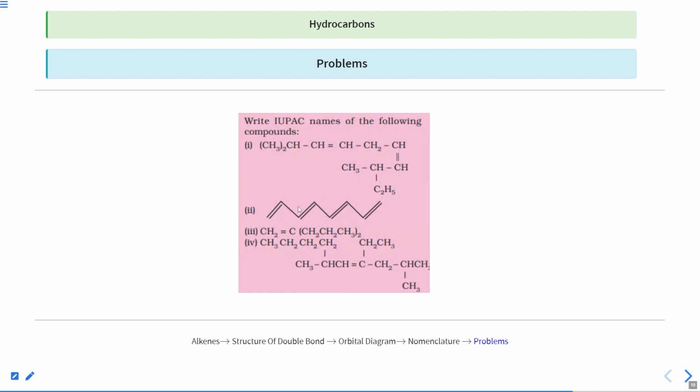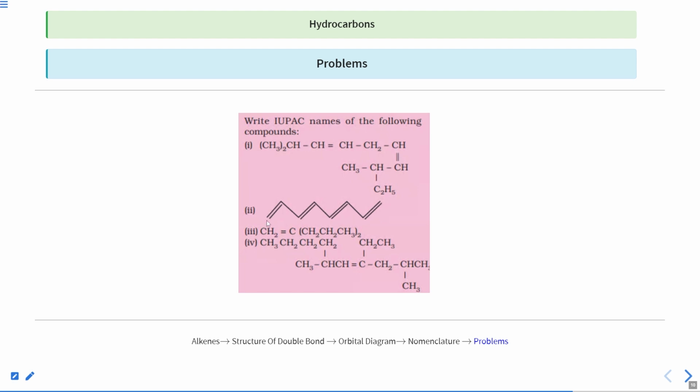What would be the name of this? Since it is symmetrical, you can count from either side. Let us count from the left hand side: 1, 2, 3, 4, 5, 6, 7, and 8. 8 carbons are there, so the root name will be oct.